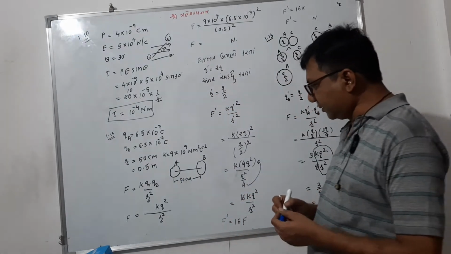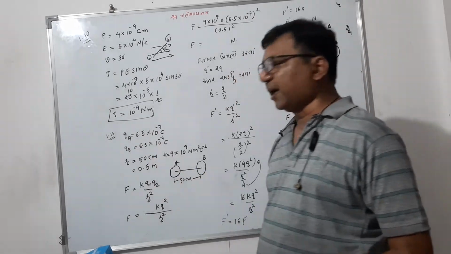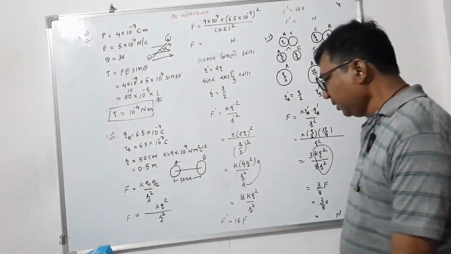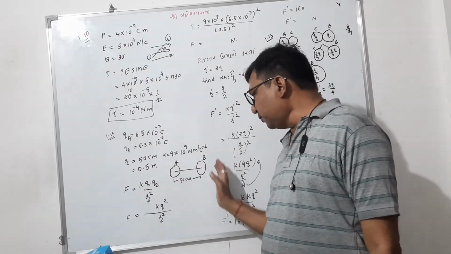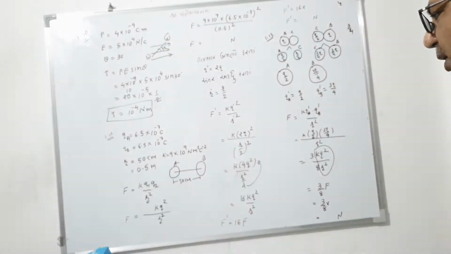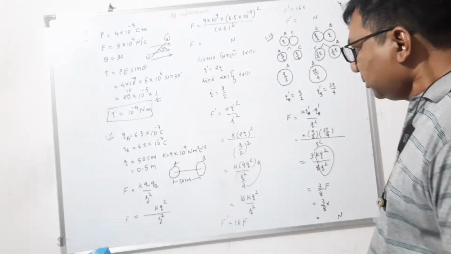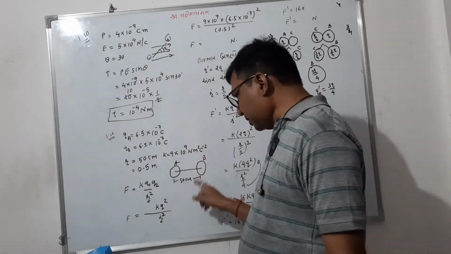The charge on both is the same, 6.5 into 10 raised to minus 7, and you have to find out the repulsive force between A and B. So how much repulsive force? The charge is given and the distance is given.